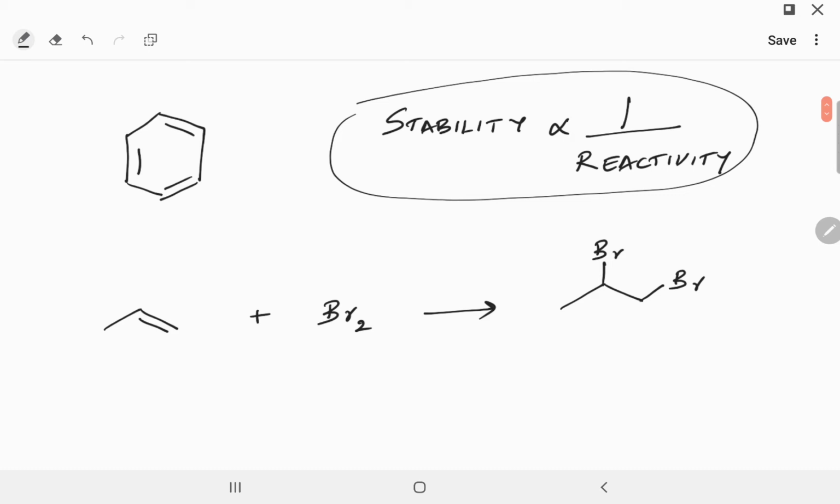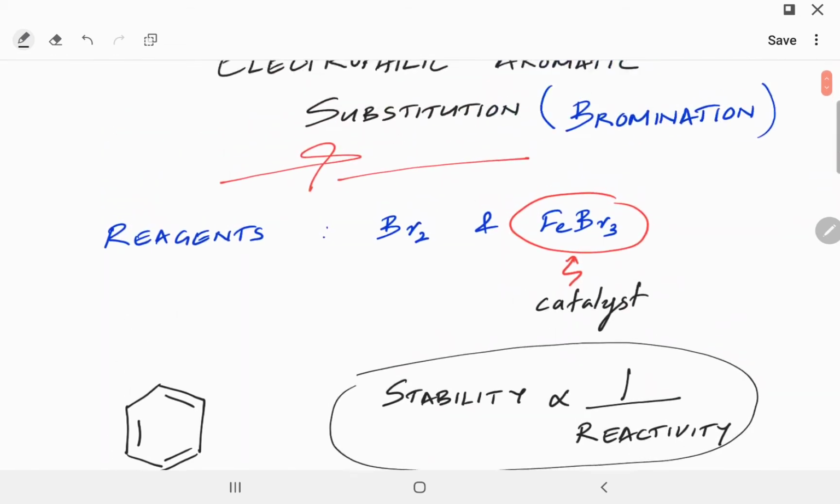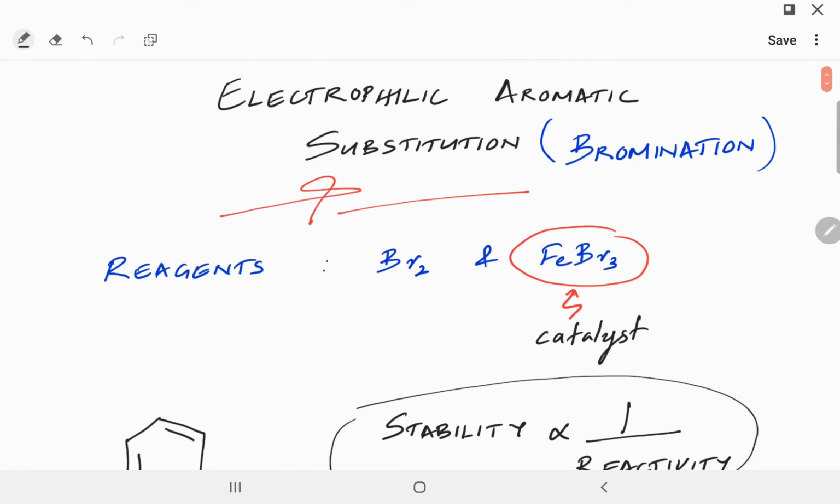Because of the extra stability that benzene has from the aromaticity, or this conjugated 6 pi electrons, it will not tend to break the aromaticity for this particular addition reaction. So in order to react benzene, we have to use special reagents.